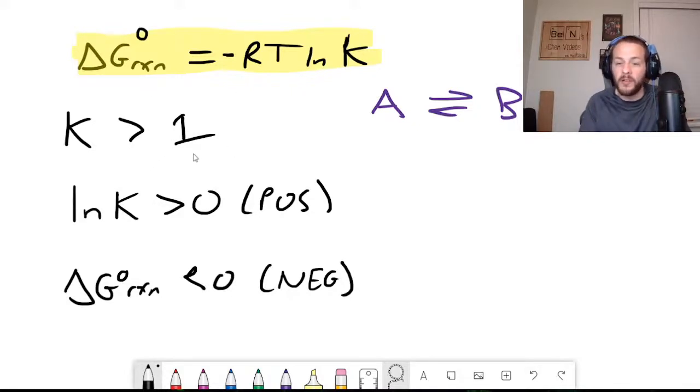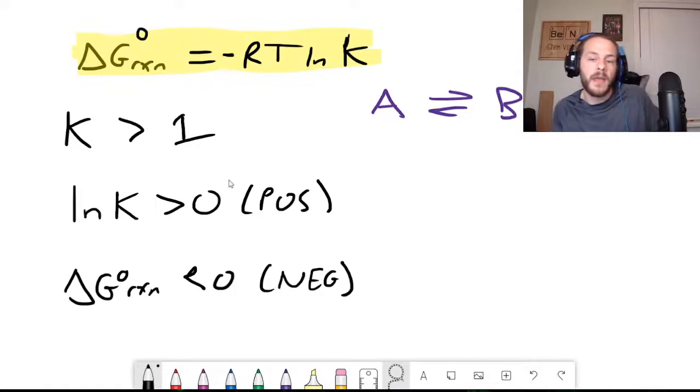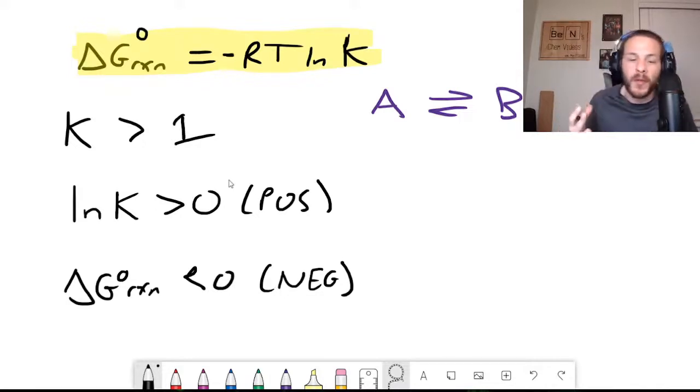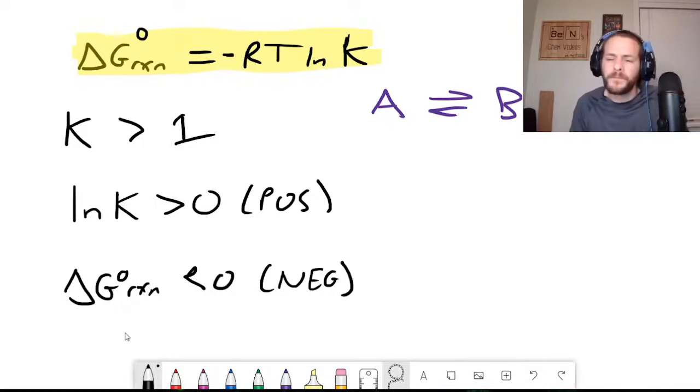Under standard conditions, if you have a product-favored equilibrium, in other words an equilibrium constant greater than 1, you can easily predict that the forward reaction is spontaneous and the reverse reaction is non-spontaneous. This shows us how the equilibrium constant and the standard delta G for a reaction are related.